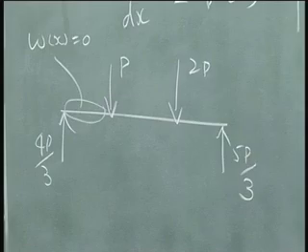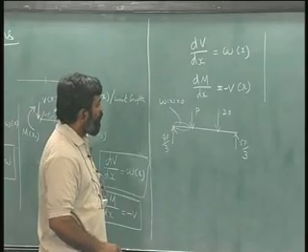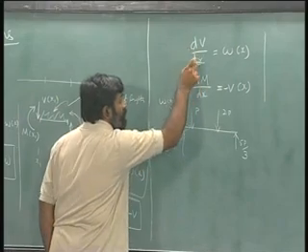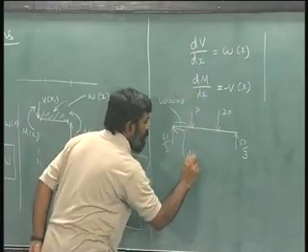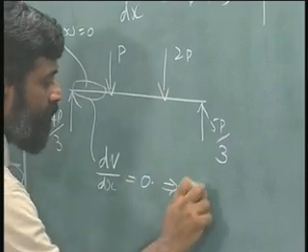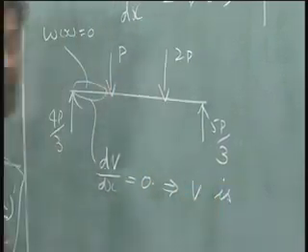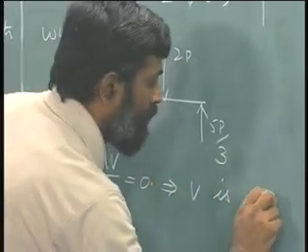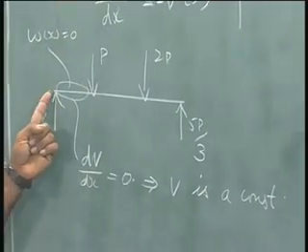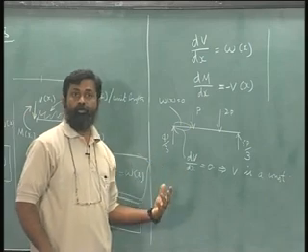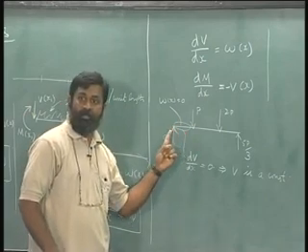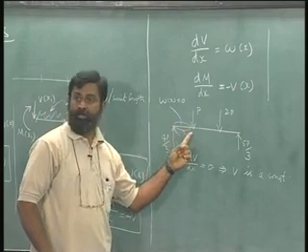There is no force acting in between. And therefore, what should I notice as far as dV by dx is concerned? dV by dx is equal to 0 implies V is a constant. So, in this particular region, when we drew shear force diagram, we found that the shear was not varying between this point and this point.